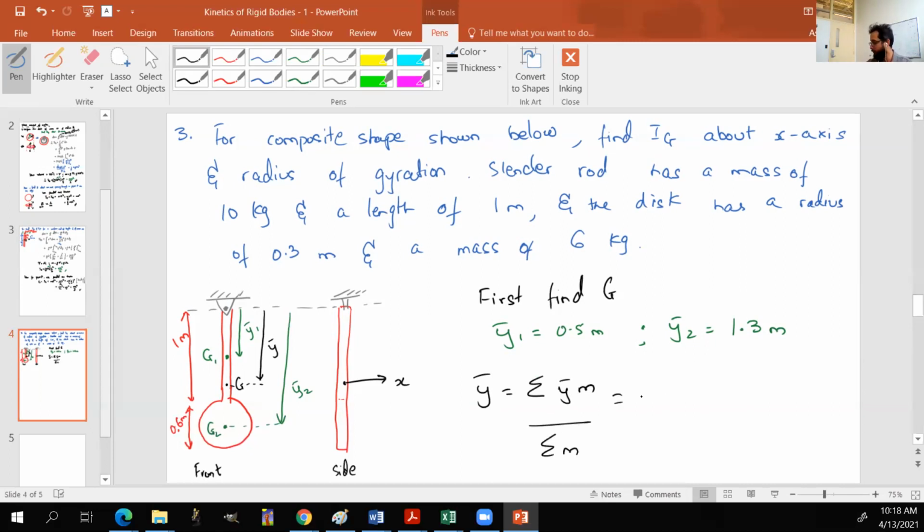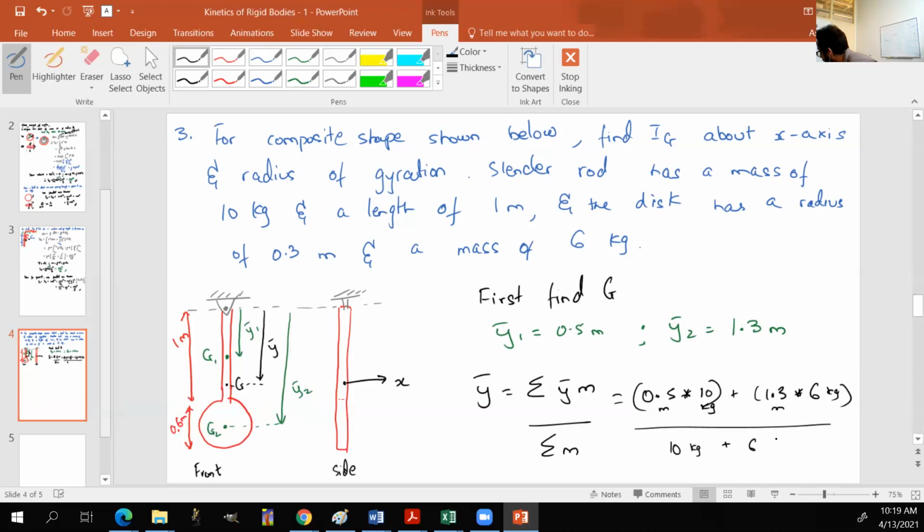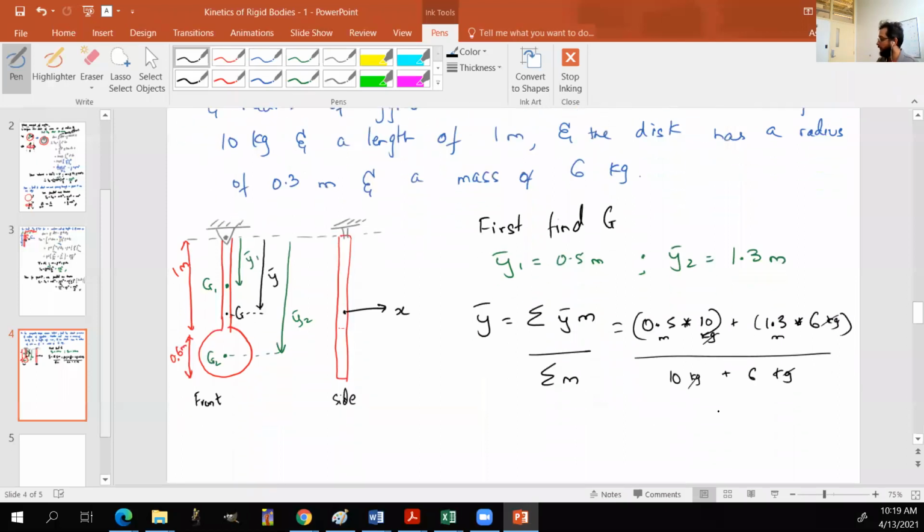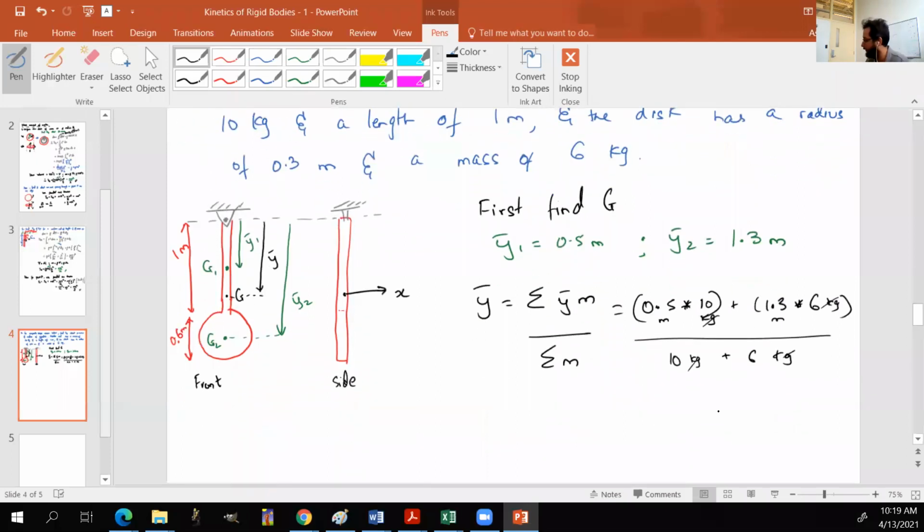So that's equal to 0.5 meters times 10 kilograms plus 1.3 times 6 kilograms, divided by 10 kilograms plus 6 kilograms. This is what happens when I don't put units. The kilograms all cancel. How much does this come out to be equal to?